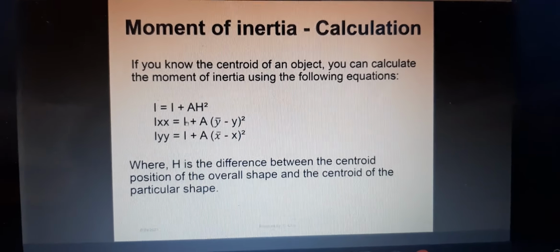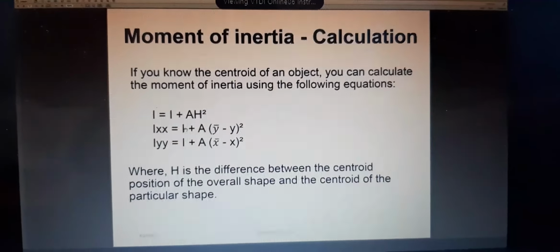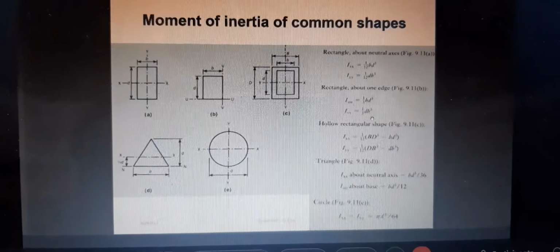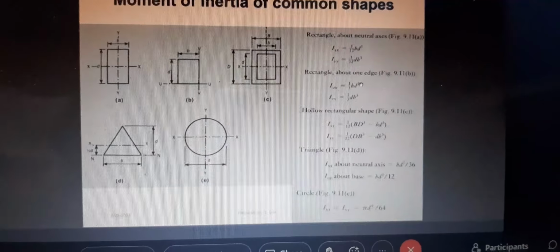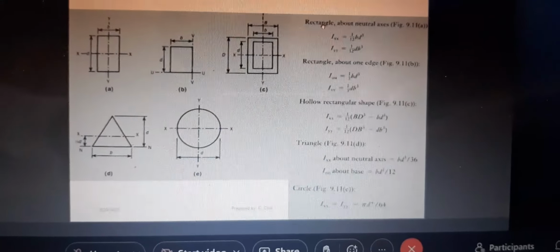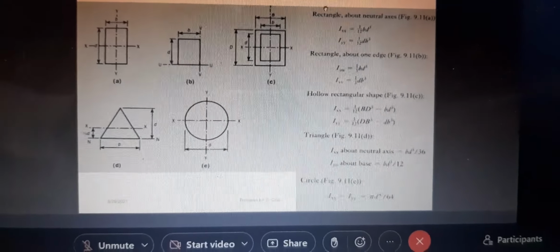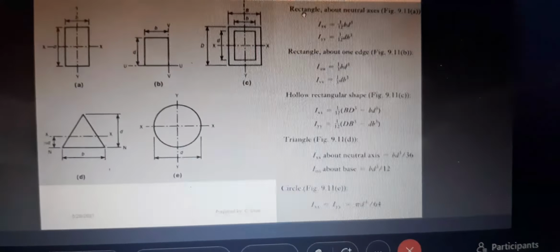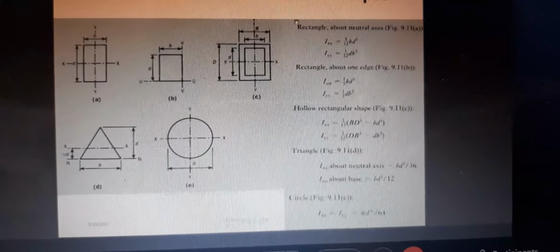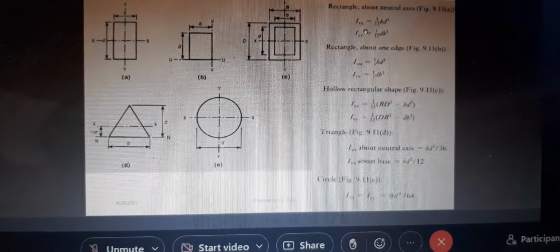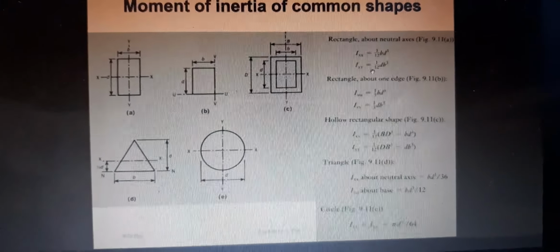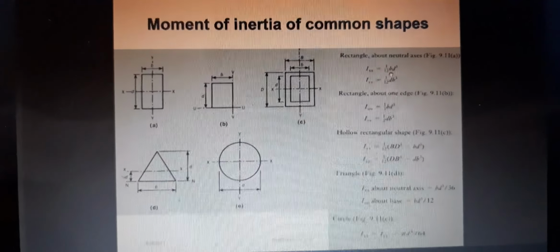Inertia right here, that I, will have a value or a formula assigned to it depending on the shape. So for example, if I am finding a rectangle about the neutral axis, this is what we will be using at this level, right? About the neutral axis, which means about x and y, this is the formula that you will substitute for I.